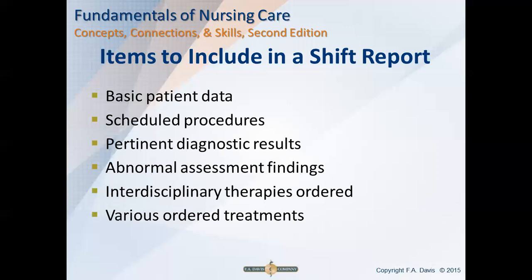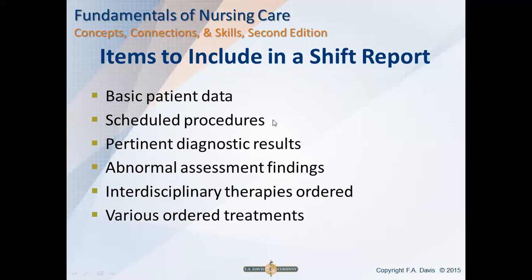Here are the items to include in a shift report. What are the things we have to include in a shift report? Like basic patient data, signs and symptoms. If the patient needs any scheduled procedure, we have to mention it.